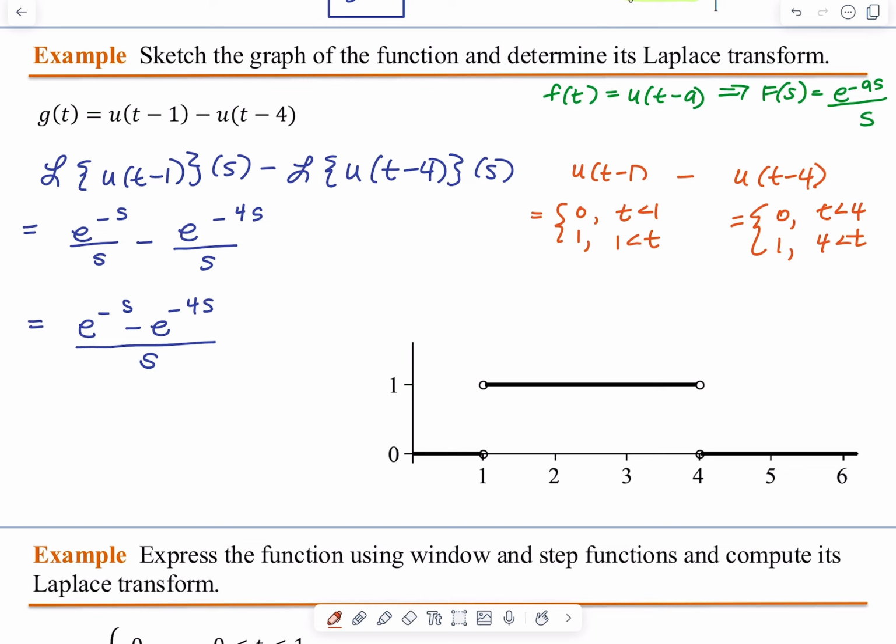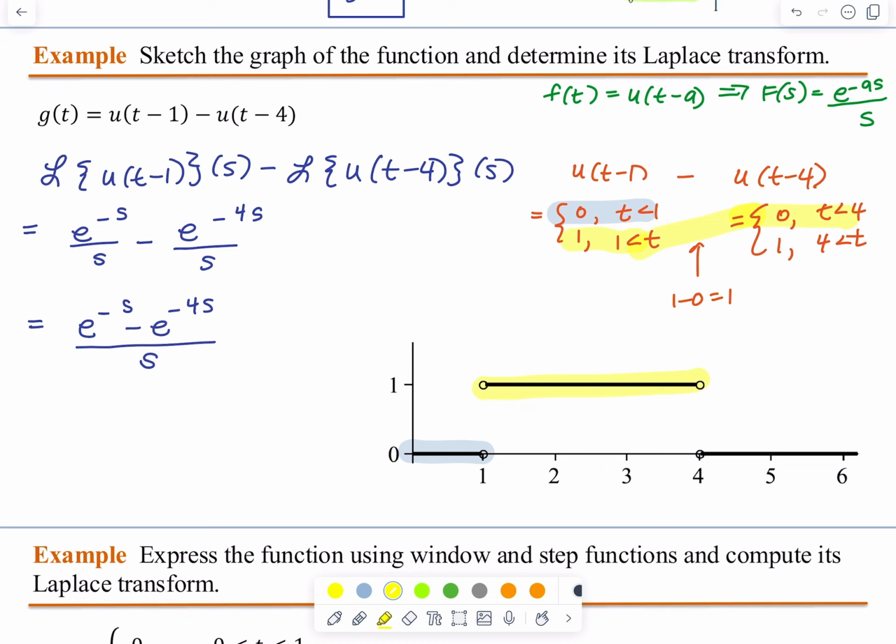So if we're just looking on this interval from 0 to 1, you can see that we're going to be 0. Also, between 1 and 4, you can see here we're going to have 1 minus 0, which is equal to 1. So that is why we have a y value of 1 between those two.